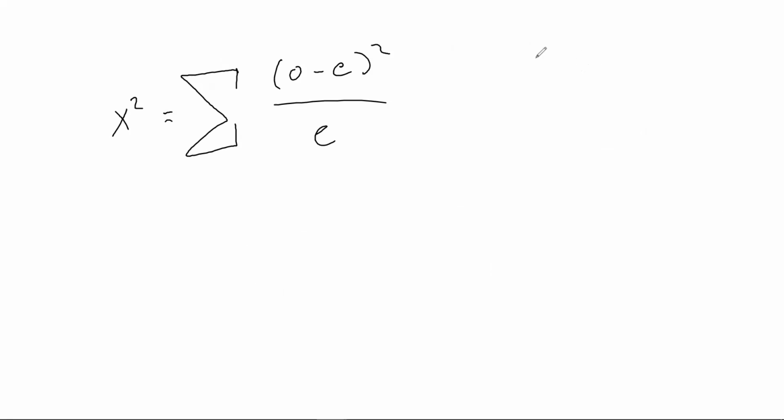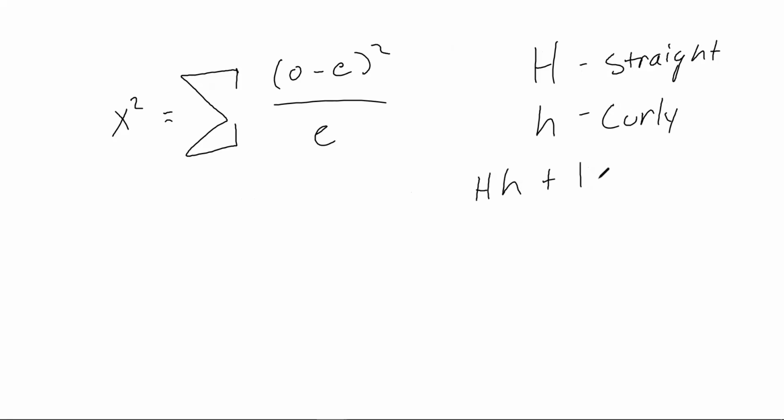So I'll do capital H as straight and lowercase h as curly. So say for instance, my F1 generation is heterozygous plus heterozygous.